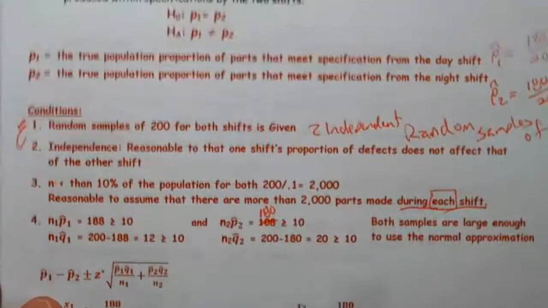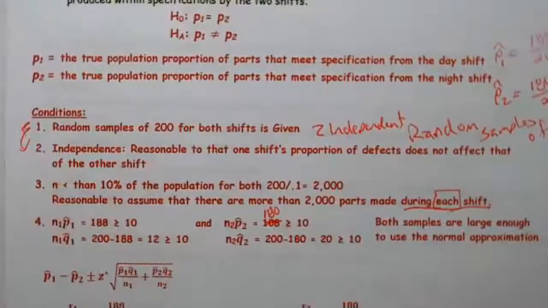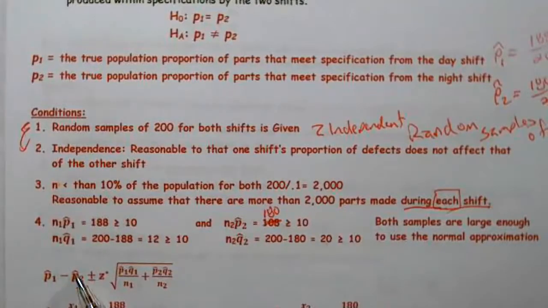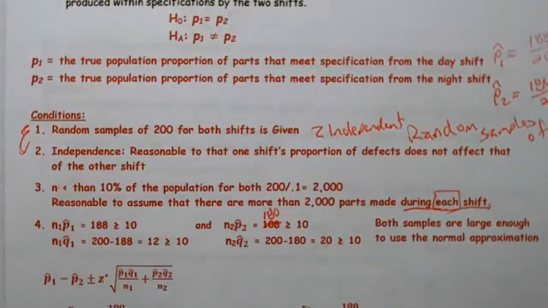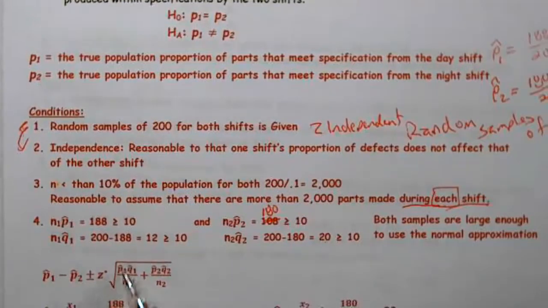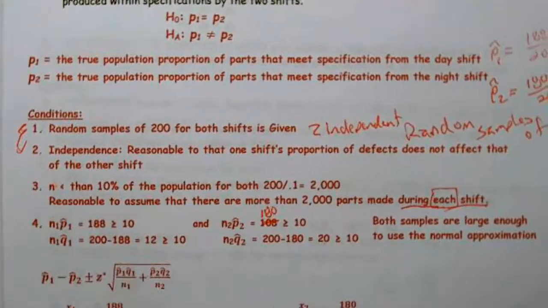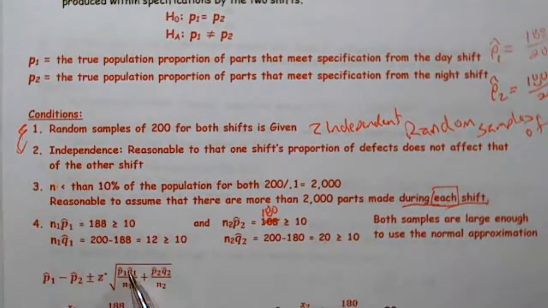All right, so the confidence interval formula is P hat, the first one minus the second one. Please notice that we're using P hat as part of our standard error. Why? We're making an estimate for the proportion. We don't have a claim. Since we don't have a claim, we have to use P hat, and you'll always use P hat on confidence intervals, as long as you're working with proportions.